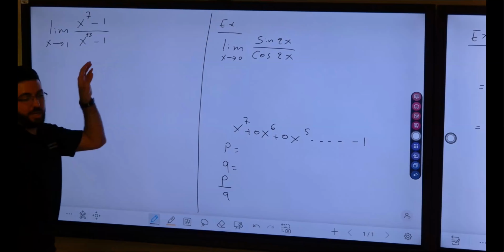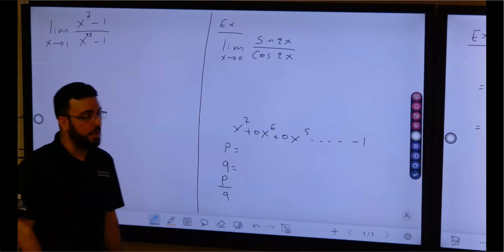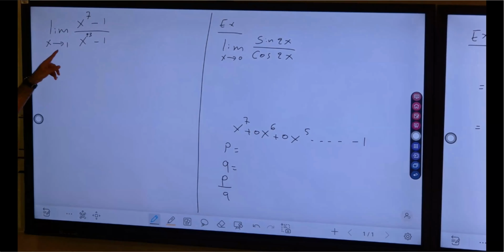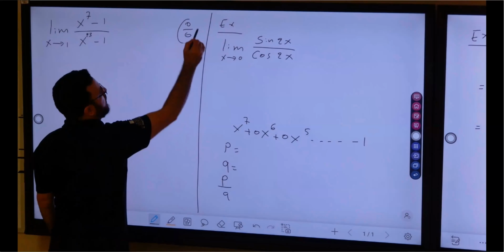So now, the first thing, always think about using this rule. If you plug in 1 here, you get 1 minus 1, 0. Plug in 1 here, 1 minus 1 is going to be what? 0. So 0 over 0, that means I can use the rule.